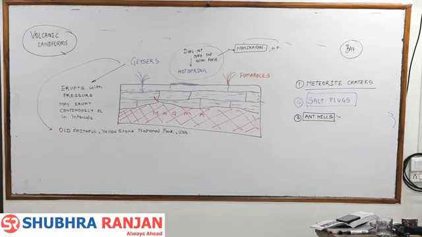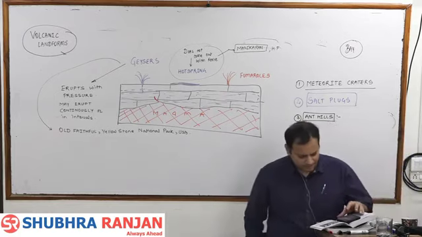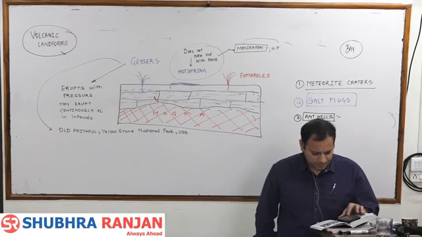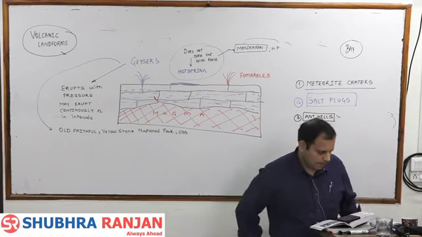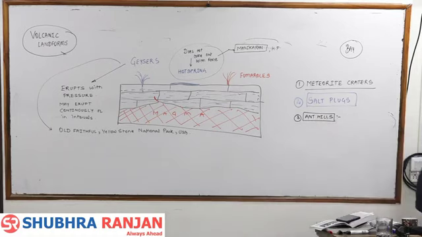Just like ash and cinder cones, they are made up of loose fragments, which can be easily eroded by the external agents.